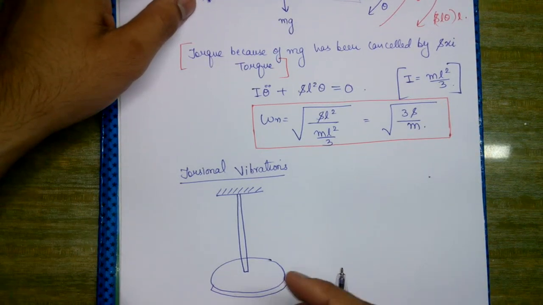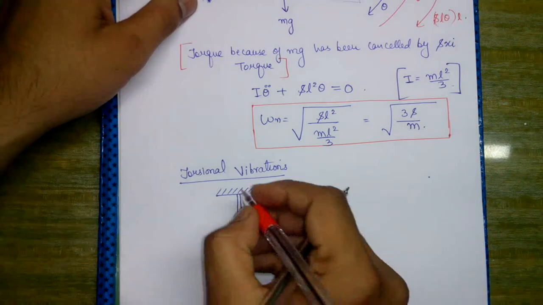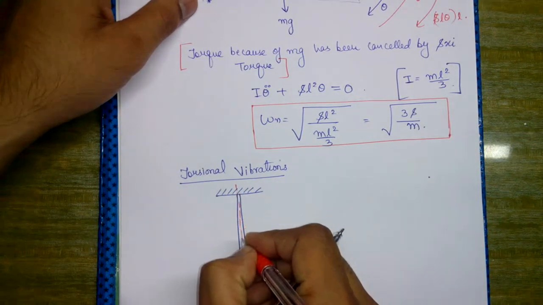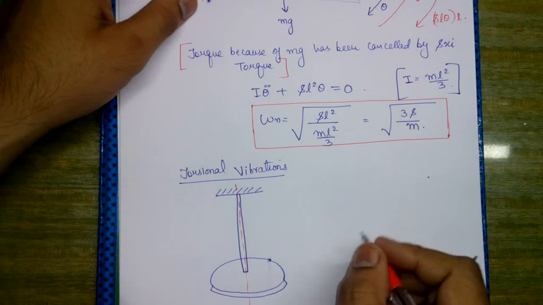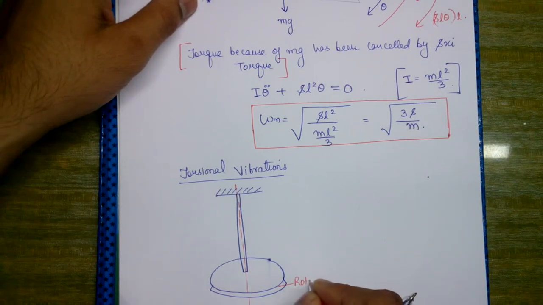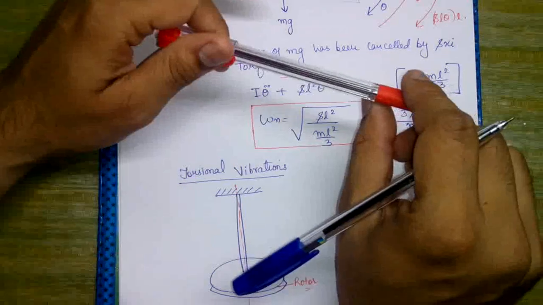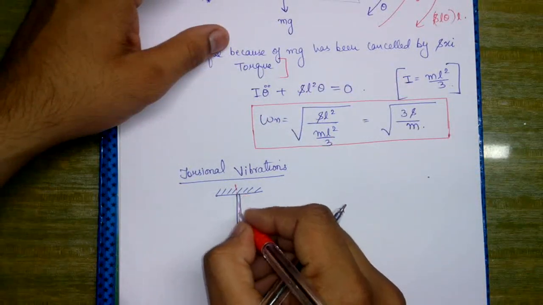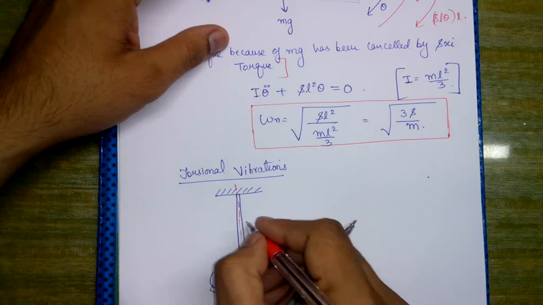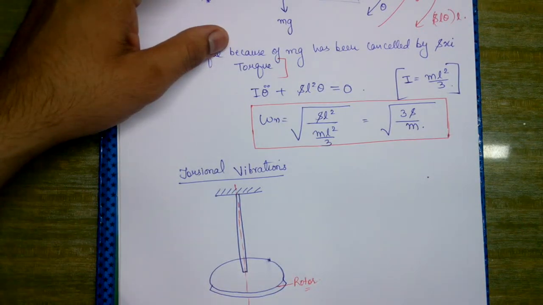This is the axis of the rotor, and this is actually called the polar axis.